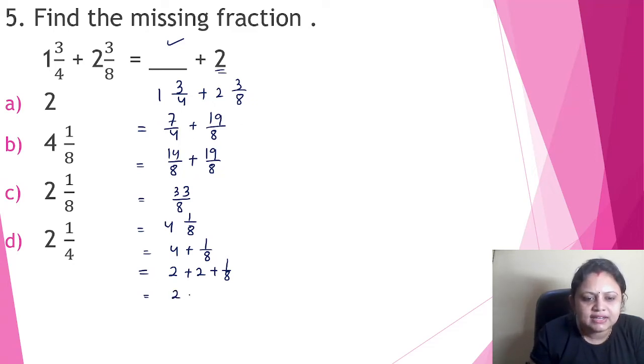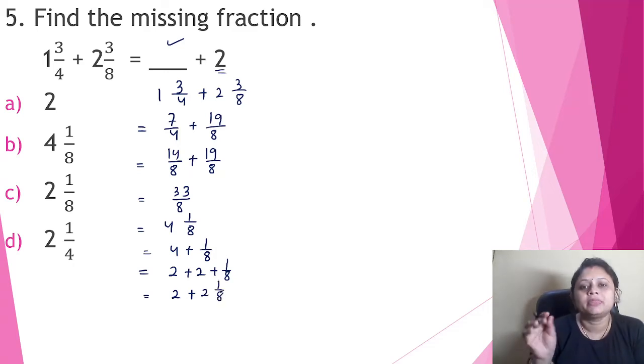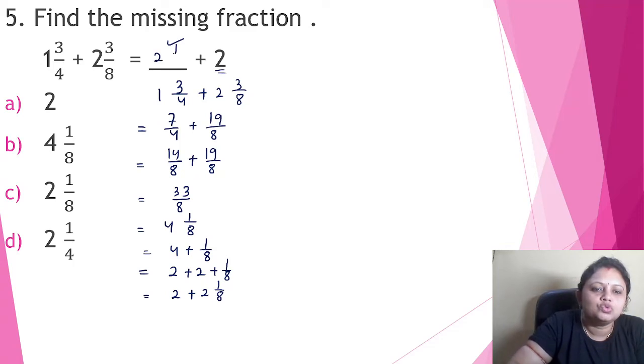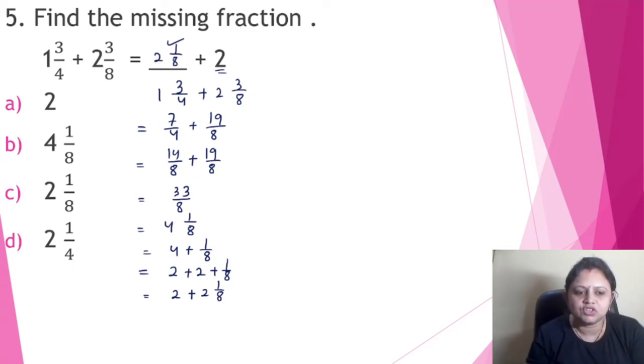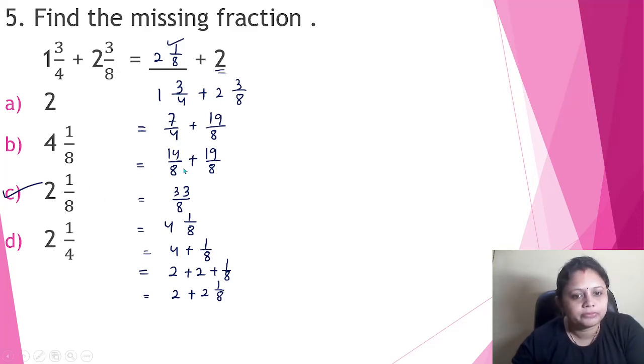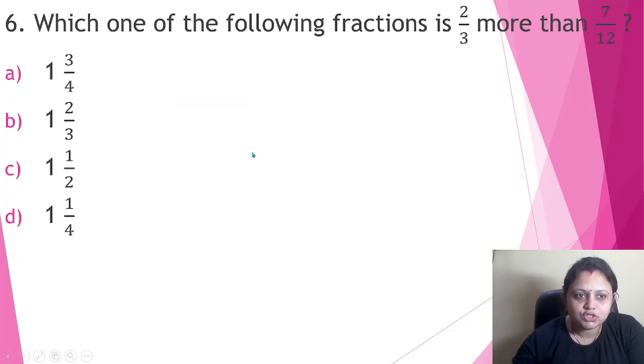So we can write it as 2 plus 1 by 8. It is 2 whole 1 by 8. Okay. So if you calculate, the value will be the same. So we can write here 2 whole 1 by 8. Okay. So the correct answer is option C. So that is a trick. Right. Coming to the next question.